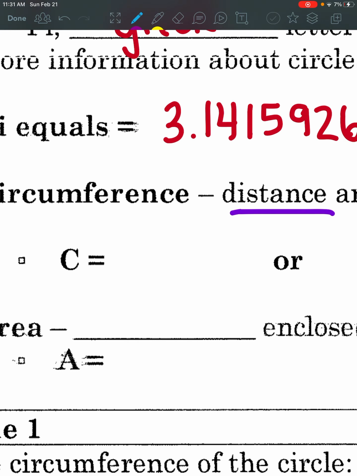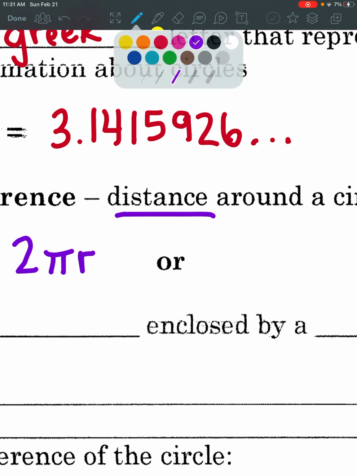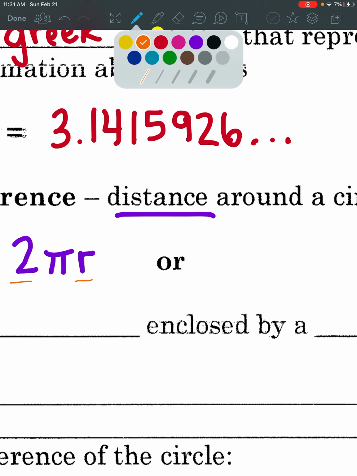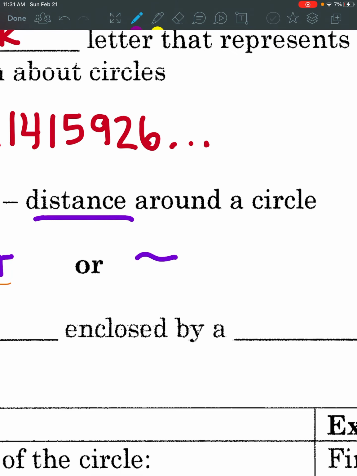There's 2 formulas. So one of the formulas is 2 pi r, meaning 2 times pi times r. Or if you think about what is in this formula, the 2 times r, we talked about up above, well, that's the diameter. So we can also say that this formula could be pi times diameter.